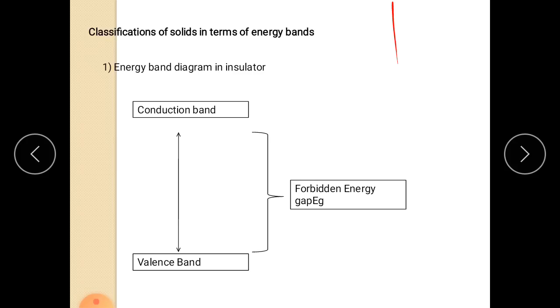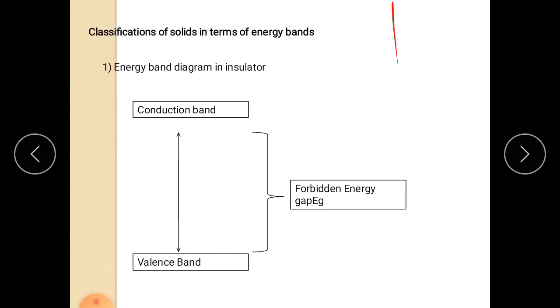On the basis of this energy band diagram, the crystalline solid can also be classified. So look at the figure. This is the energy band diagram in the insulator.